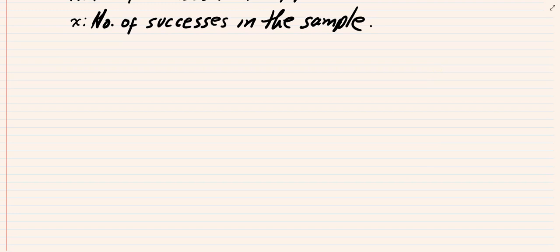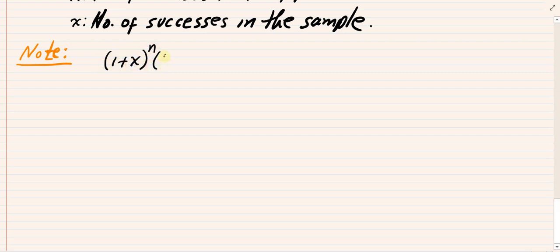I want to show you this thing because I'm going to need this in finding the mean of the hypergeometric distribution. Let's begin with an observation here. Okay, let's say I'm multiplying 1 plus x to the n times 1 plus x to the k. So suppose I'm multiplying those two binomials.